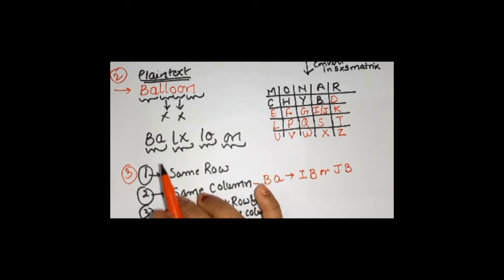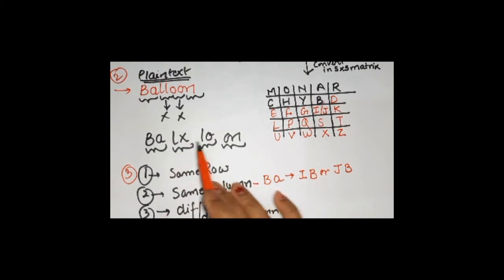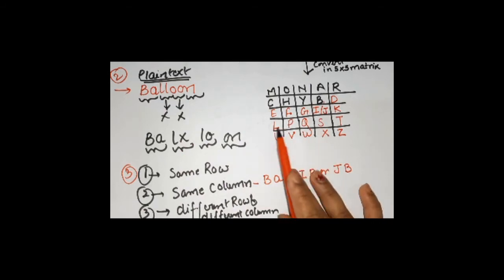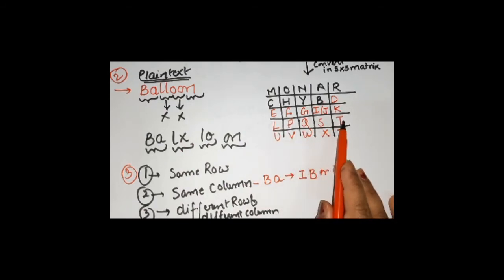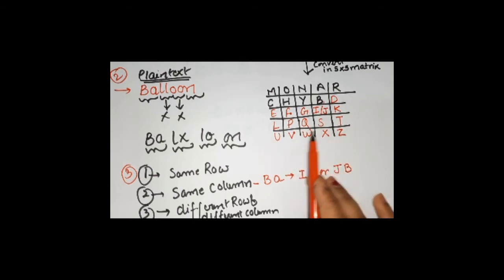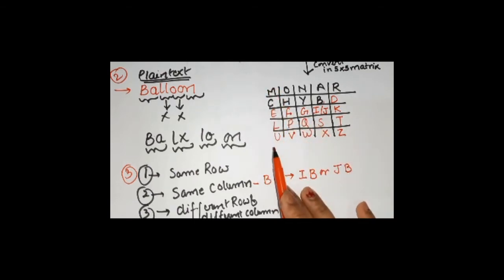Okay. Then see the next pair, LX. L and X. Now L lies completely in a different row, and X lies completely in a different row. L lies completely in a different column, and X lies completely in a different column. Now what has to be done in this case?